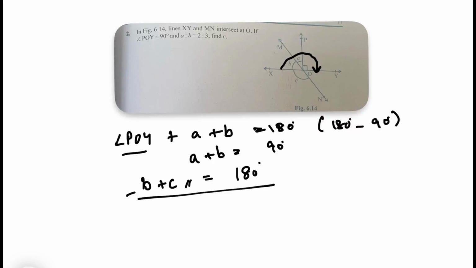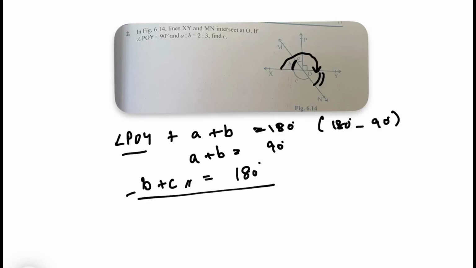There's another interesting part where, see, XY and MN are lines, which means B, this angle that I just marked, and this angle, they are vertically opposite angles, right?